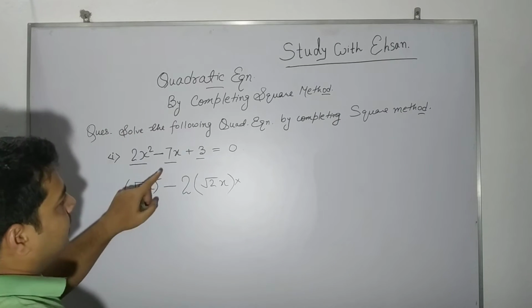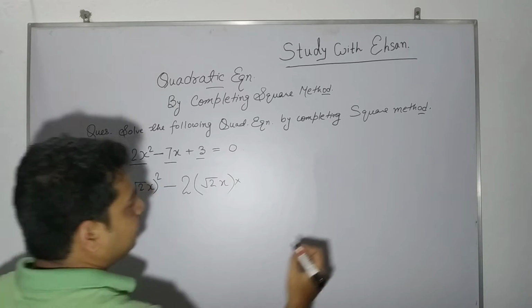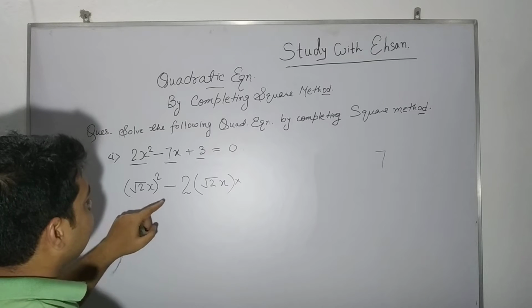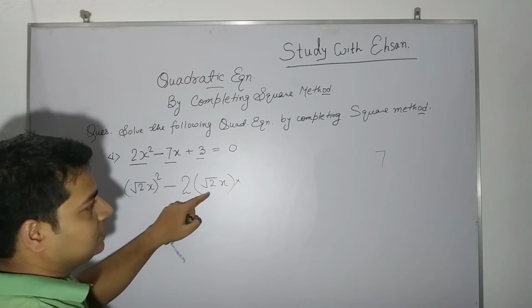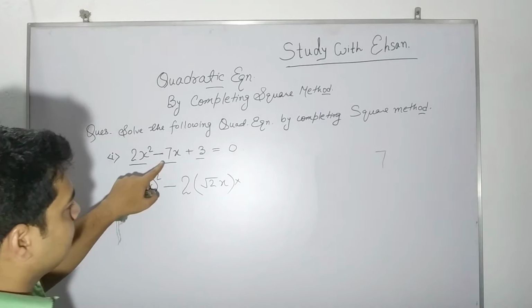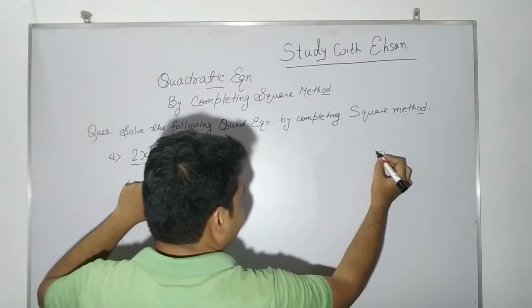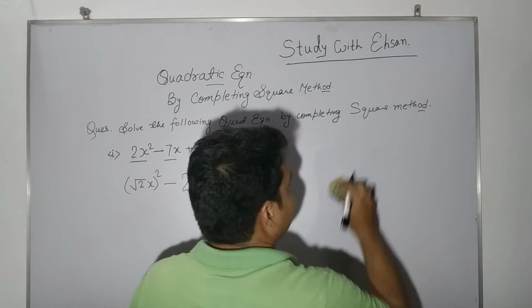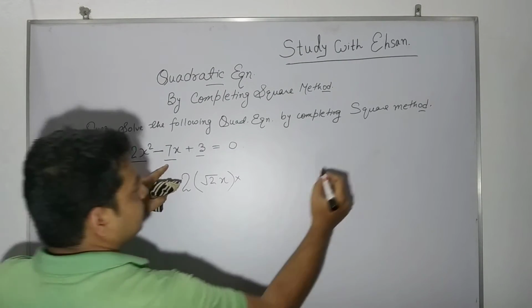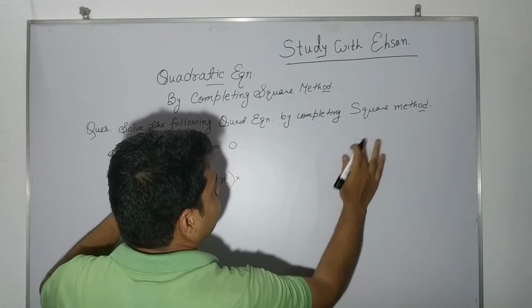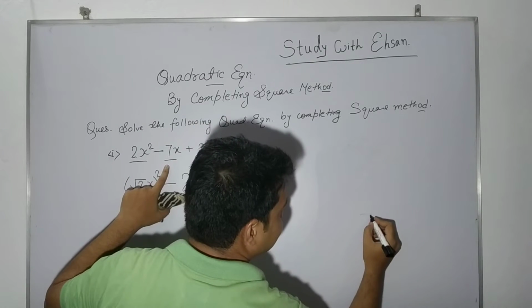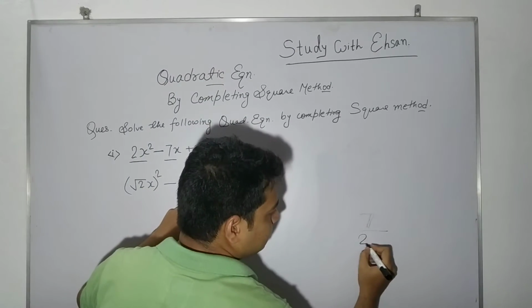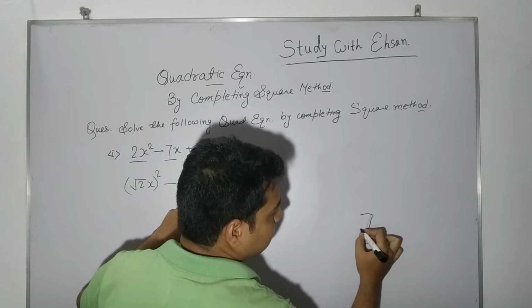Like this. Here it is 7x. We write 7 in rough, and we divide by 2 root 2. Listen once more. We write this 7, and this 2 root 2, so 7 upon 2 root 2.